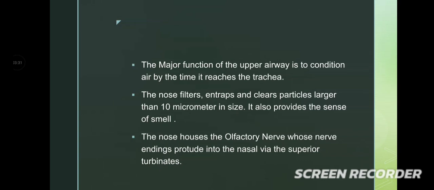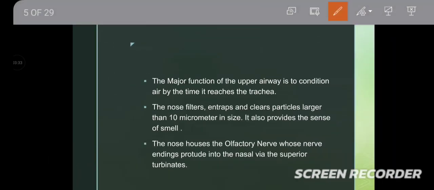Now, the major function of the upper airway is to condition air by the time it reaches the trachea.